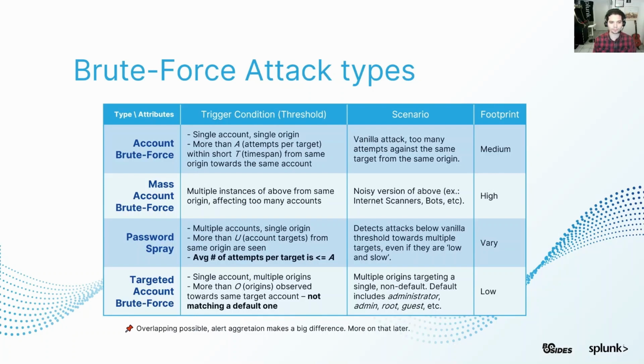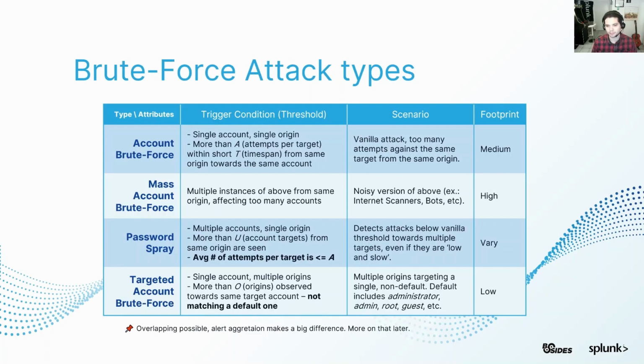And when the average number of attempts is below or equal to the threshold that was set for the vanilla attack type. So let's say I'm going to alert whenever the number of attempts is above 5. If the number of attempts is equal or below 5, and this is touching on multiple targets, that's basically when I have the password spray behavior there.